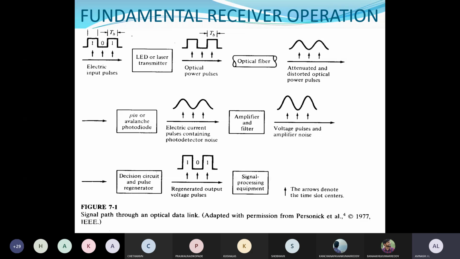Without understanding this, if you think we can directly understand the higher order things, that is not correct. We always go step by step. The first step is to understand the fundamental receiver operation. Once we understand it, we can see what modifications are to be done and how to get more efficiency.